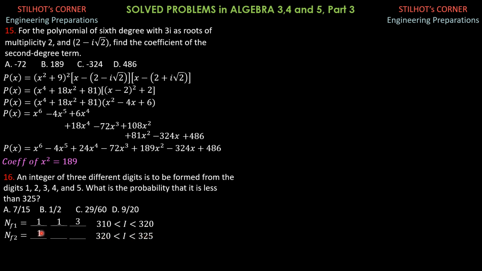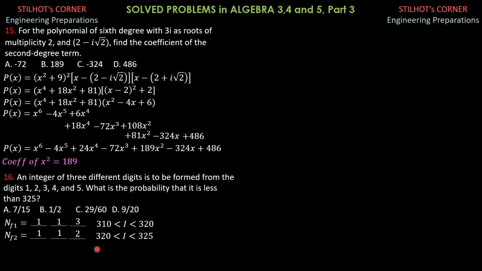The digit 3. There's one way to assign a digit here, which is 3. Next is a digit 2. So there's also one way to assign a digit here. And 3 digits left, but 5 is not included, so 2 digits left. So we can only assign 2 digits, 2 ways here, because 5 is not included. So 2.